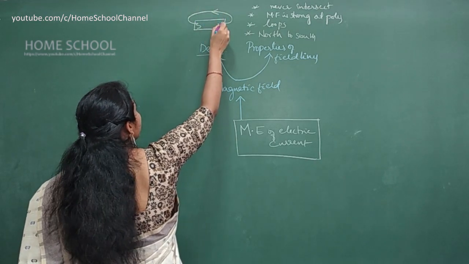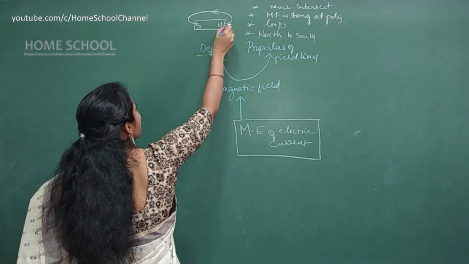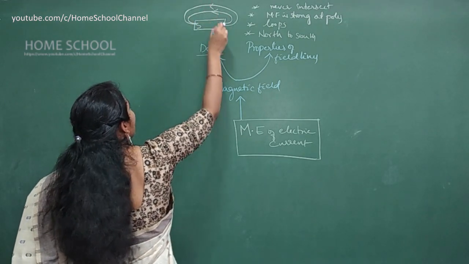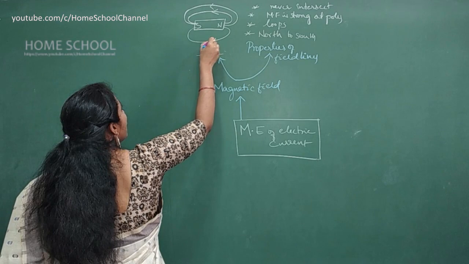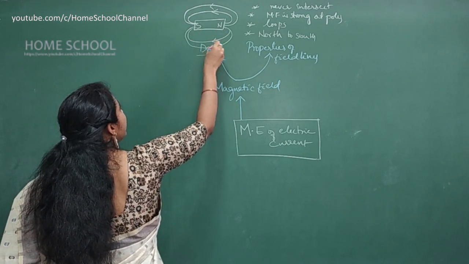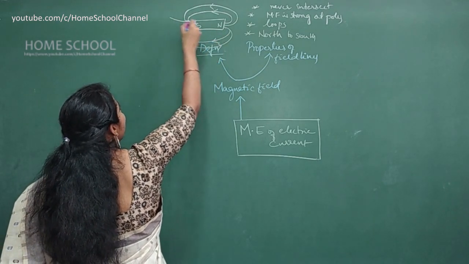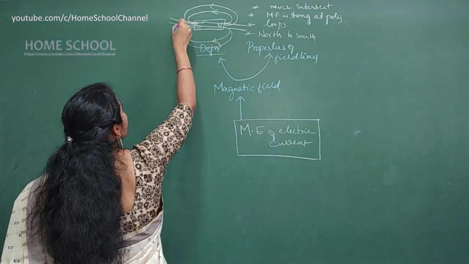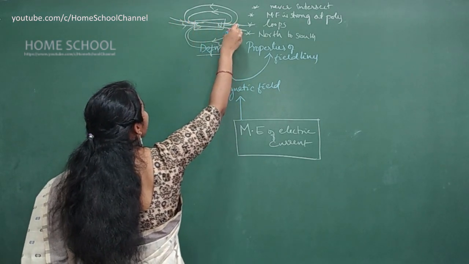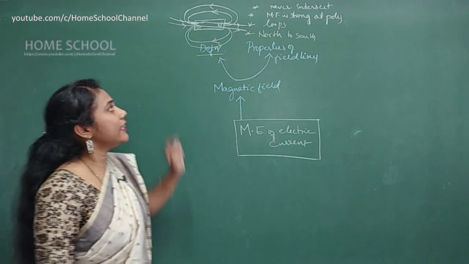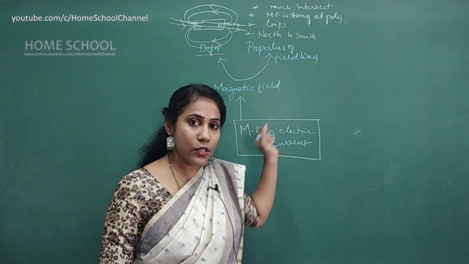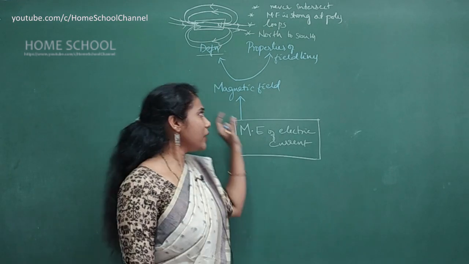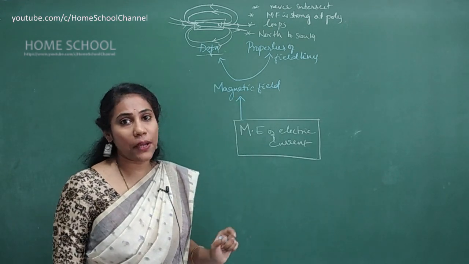Direction is very important. North to south you have to show outside, and the field lines inside a magnet move from south to north. This is the diagram that you have to show. That is also very important. So that is your first aspect of the chapter.